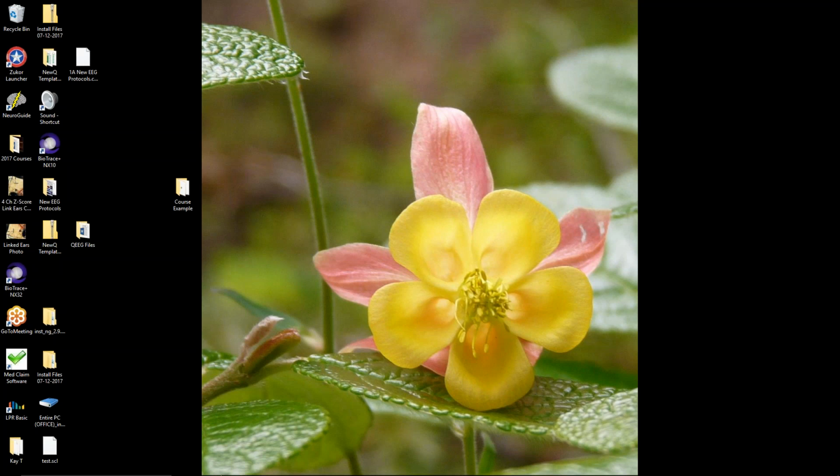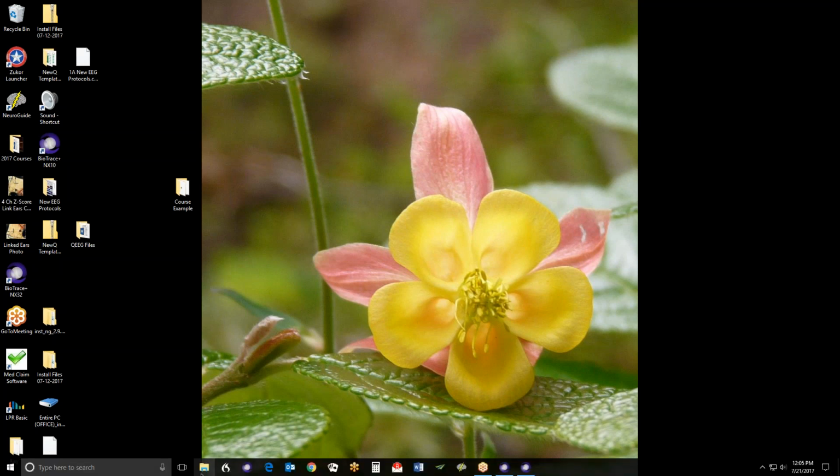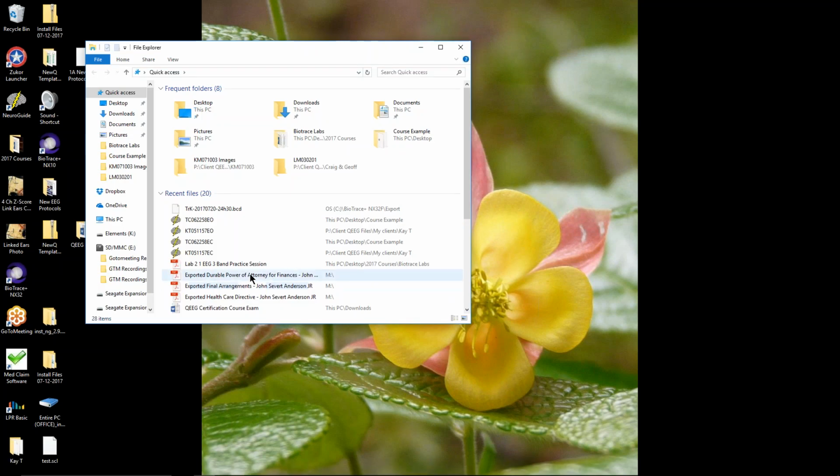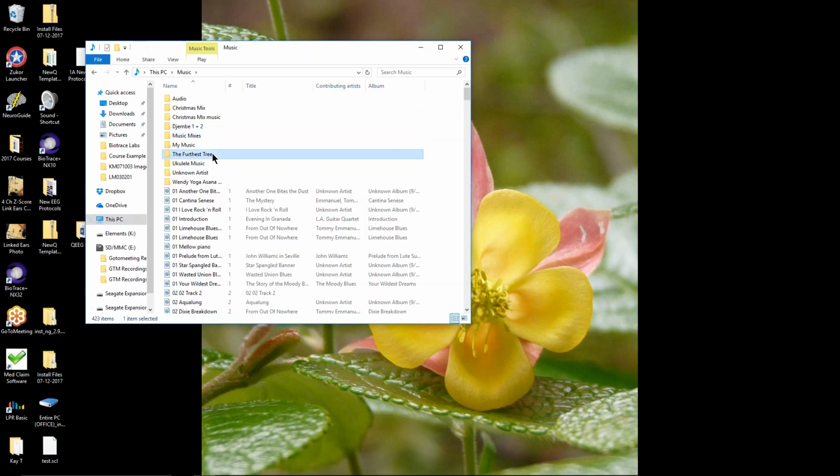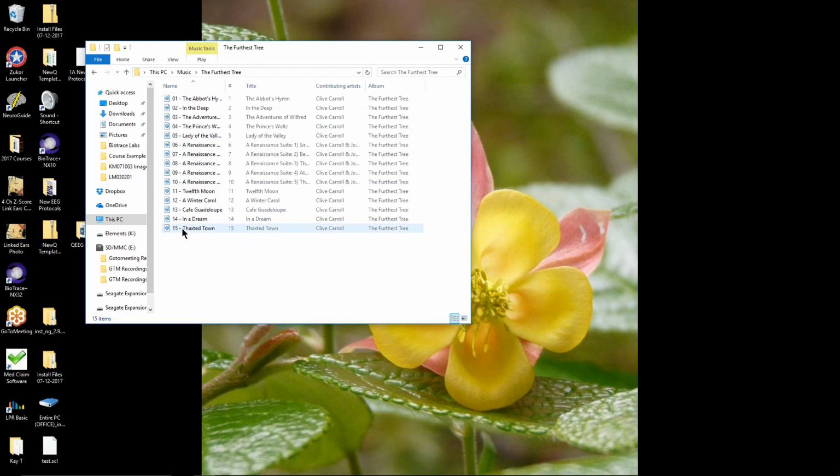Okay, so to place audio or video files into BioTrace, you're going to start with a File Explorer window. You're going to navigate to your source of music, wherever that might be, and you're going to copy the individual files, not the folder, because BioTrace cannot read inside of a folder.